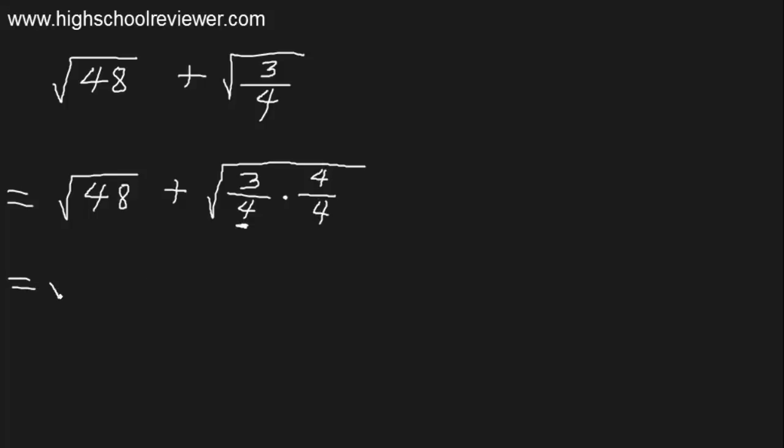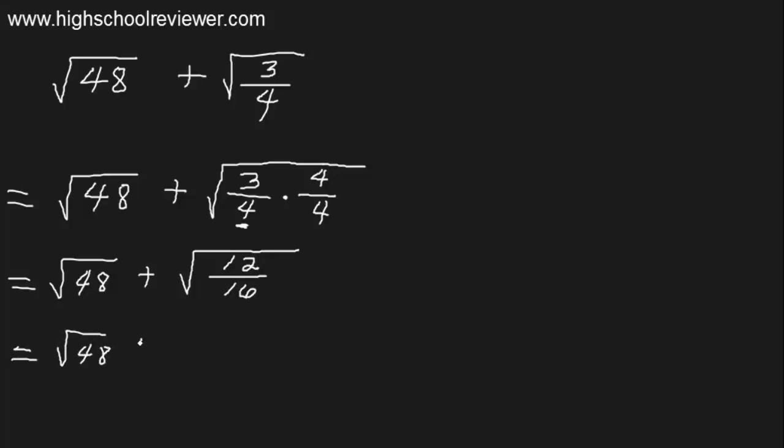So we have square root of 48 plus the square root of 3 times 4, that is 12, all over 16. So this will be square root of 48 plus the square root, we can rewrite this as the square root of 12 divided by the square root of 16.